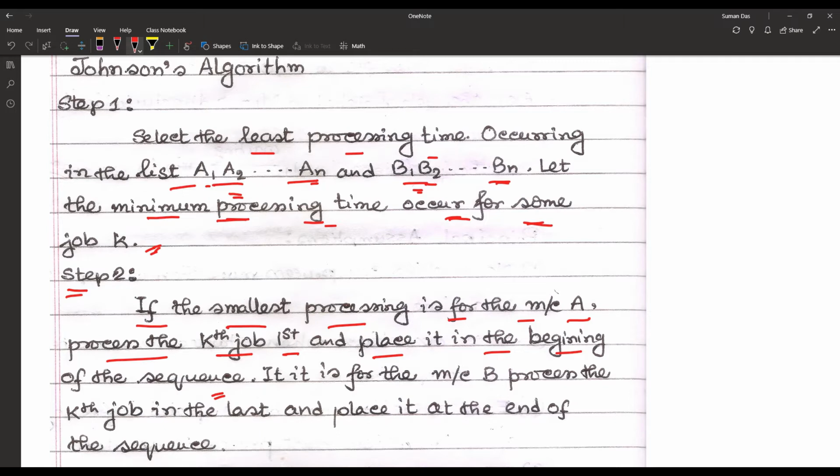And if it is for machine B, then process the kth job last and place it at the end of the sequence. Now, what do step 1 and step 2 say?